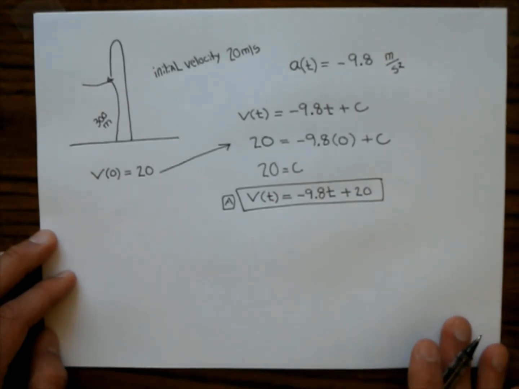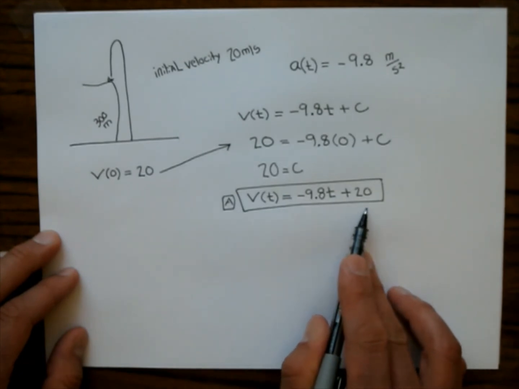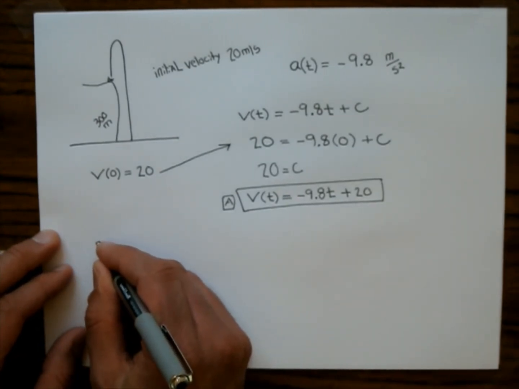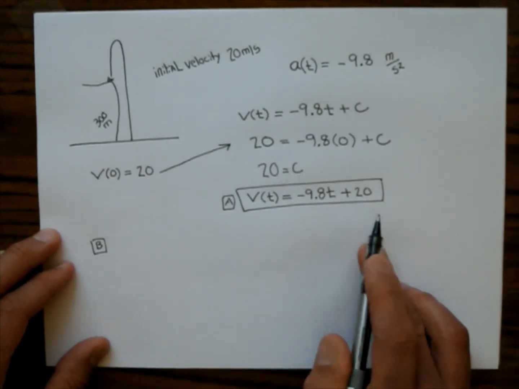Okay, the next question was to find the position of the object. So what am I going to do with the velocity function? So this is part B, take the antiderivative.